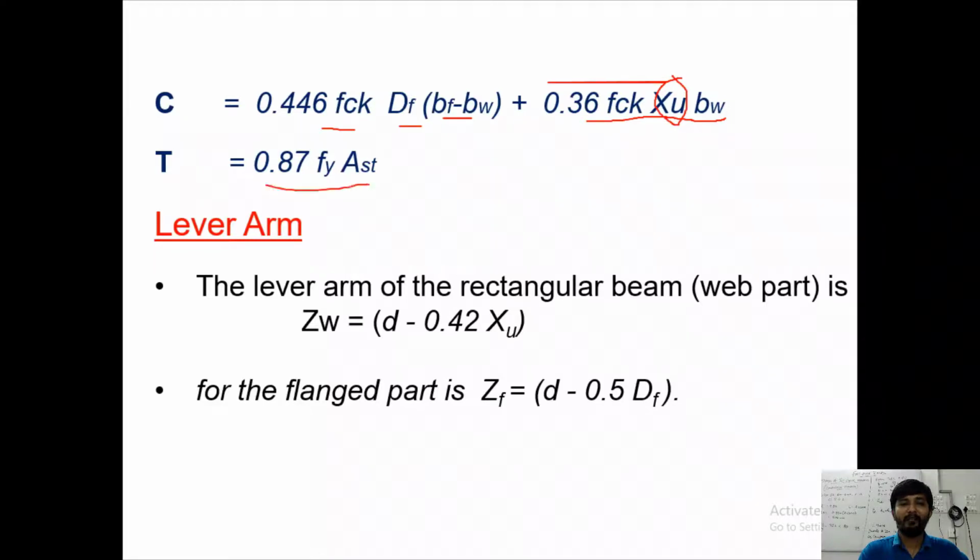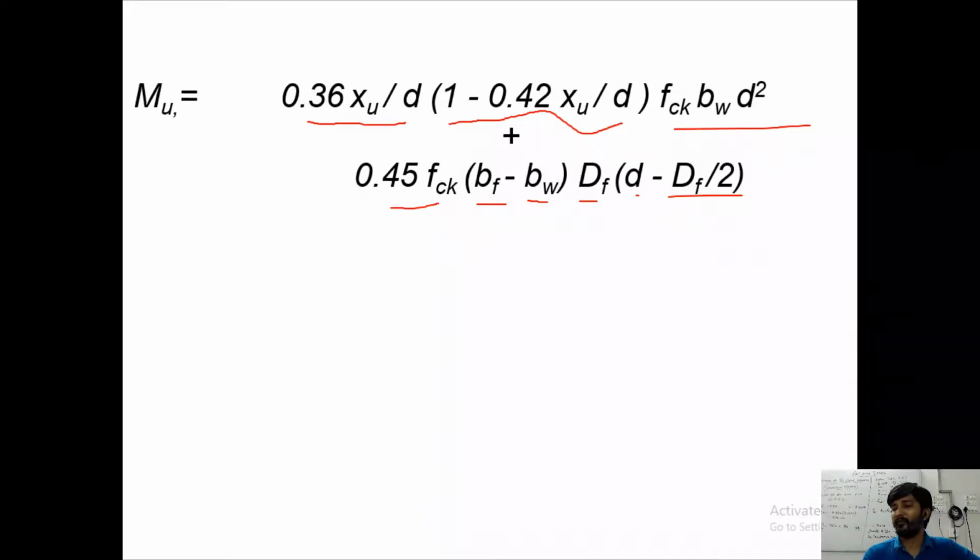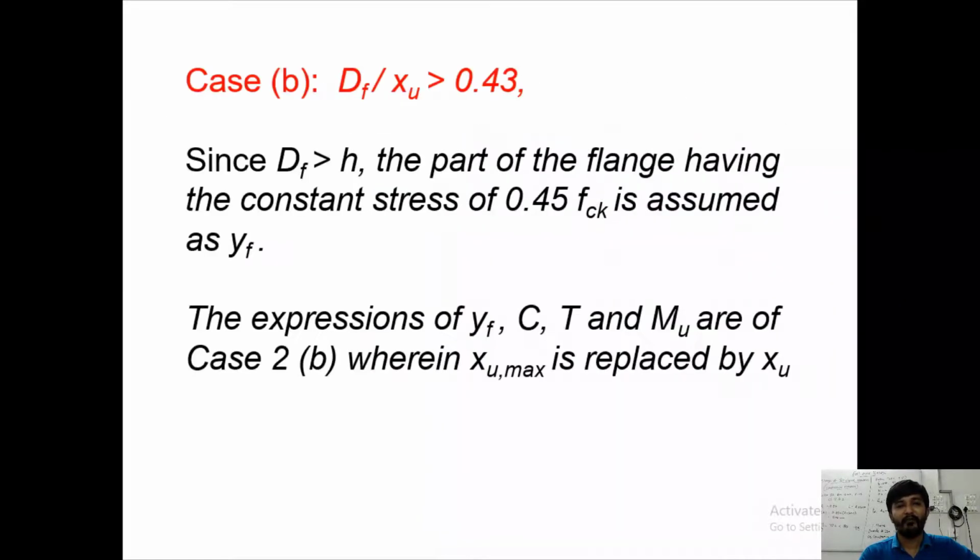And T is 0.87 FY AST, with lever arms ZW and ZF: D minus 0.42 XU, D minus 0.5 DF. So we are replacing XU max with XU. And the MU formula will become 0.36 XU by D into 1 minus 0.42 XU by D, FCK BW D square, plus 0.45 FCK (BF minus BW) into DF into (D minus DF by 2). So here also XU max is replaced by XU value.